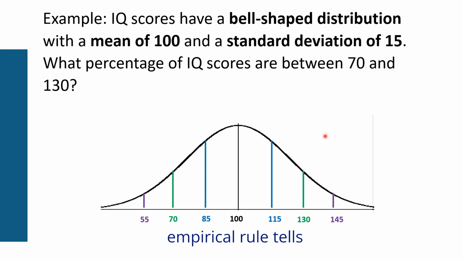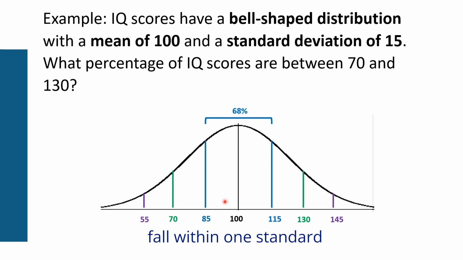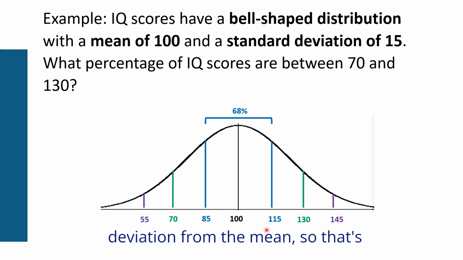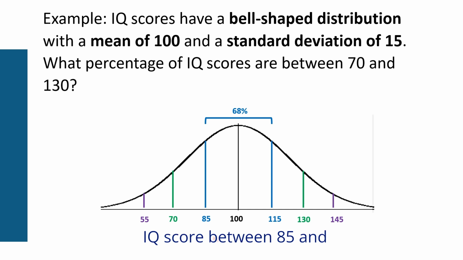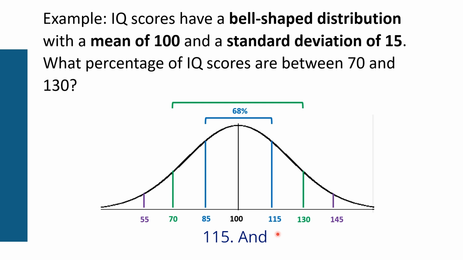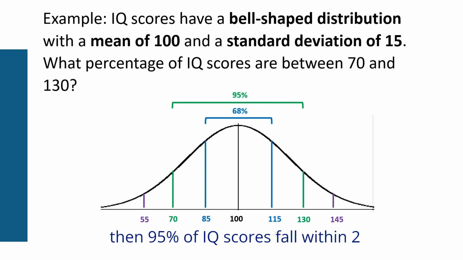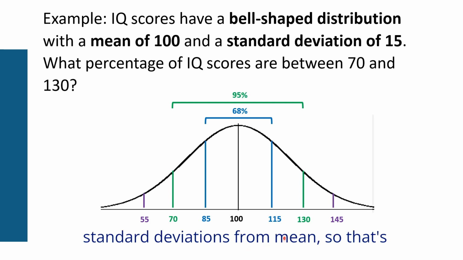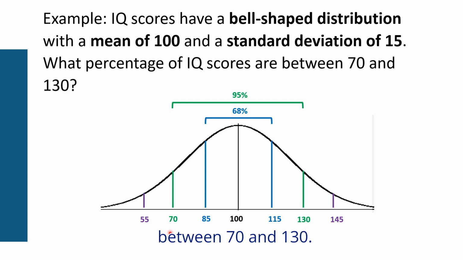The empirical rule tells us that 68% of IQ scores fall within one standard deviation from the mean, so that's IQ scores between 85 and 115. And then 95% of IQ scores fall within two standard deviations from the mean, so that's between 70 and 130.